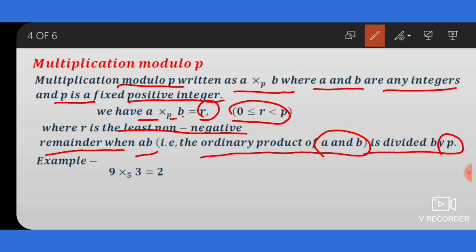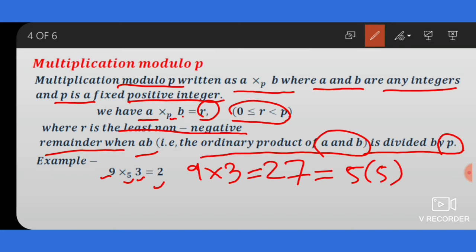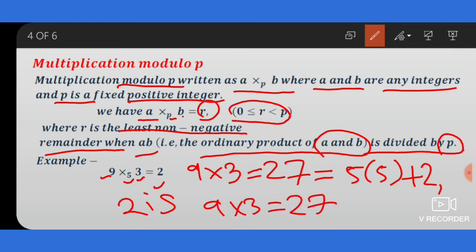For example, 9 multiply modulo 5, 3 equals 2, since 9 into 3 equals 27, which can be written as 5 multiplied by 5 plus 2, that is 2 is the least non-negative remainder when 27 is divided by 5.